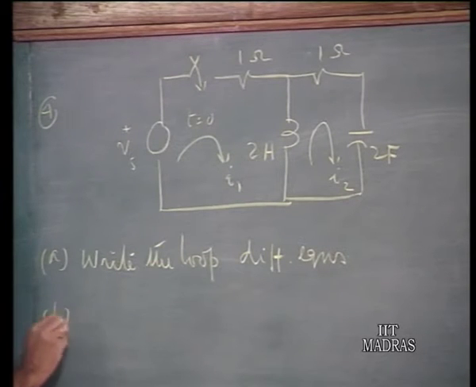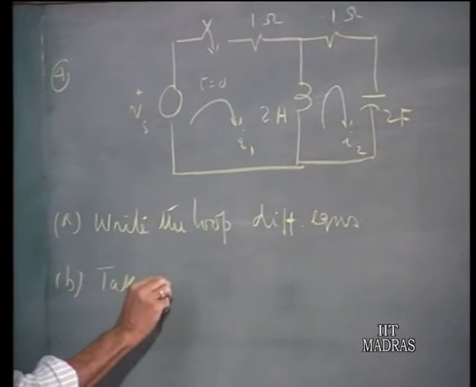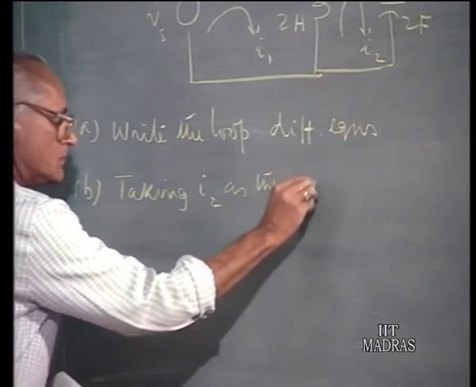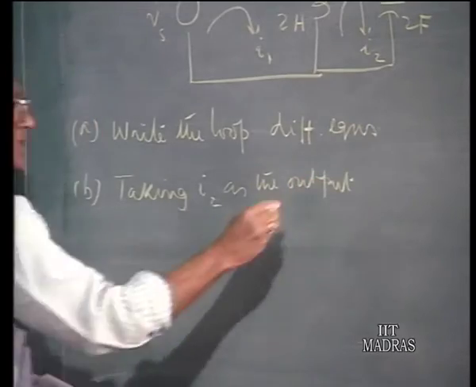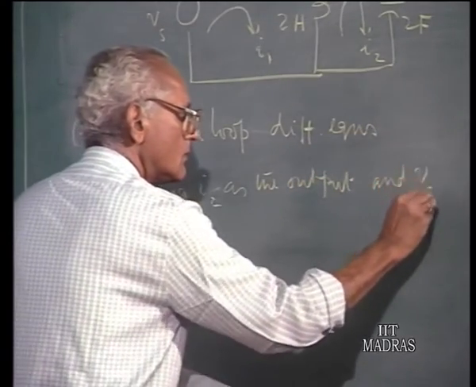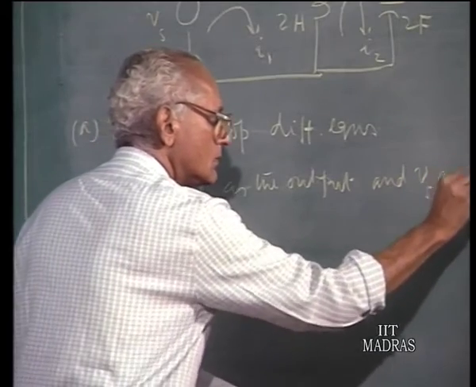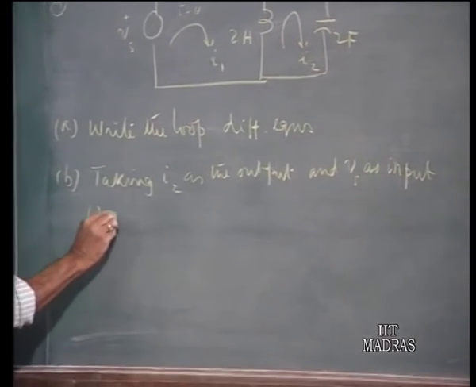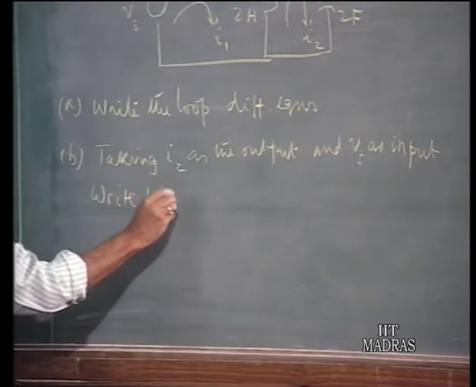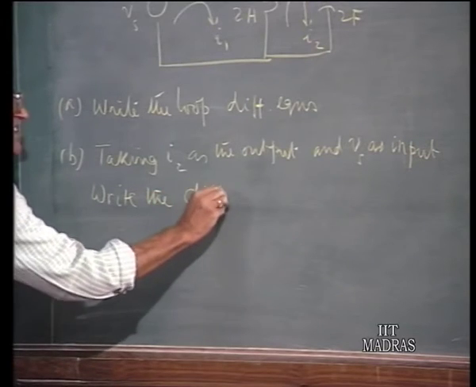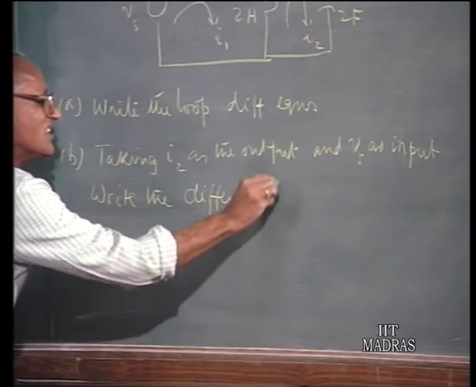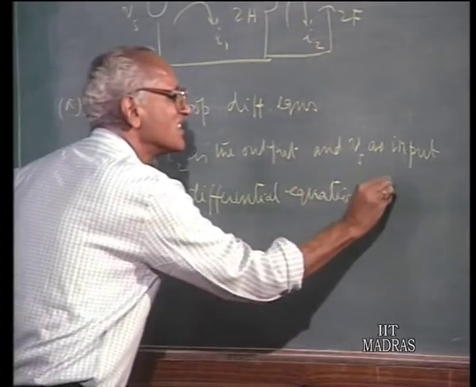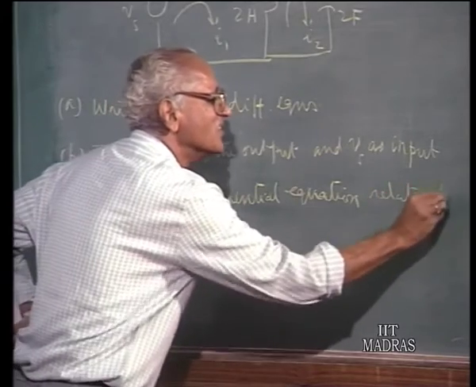B, taking I2 as the output and Vs as the input, write the differential equation relating the two.